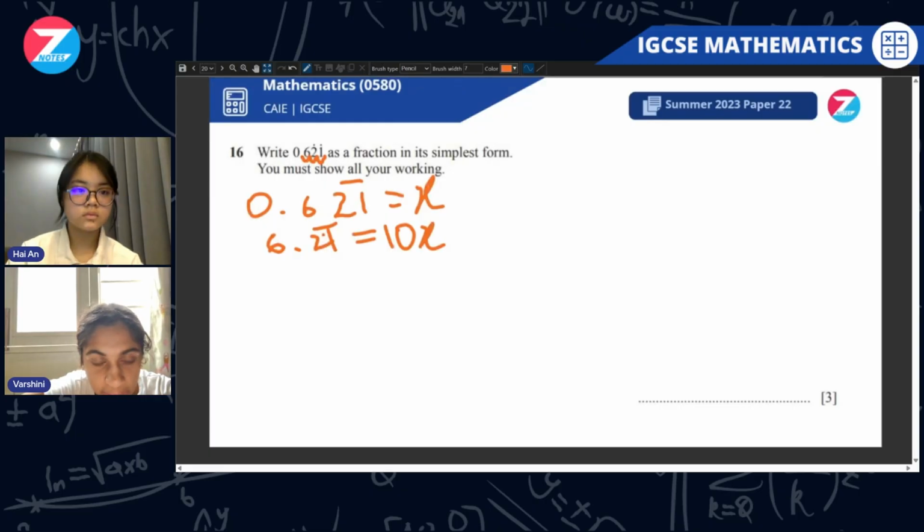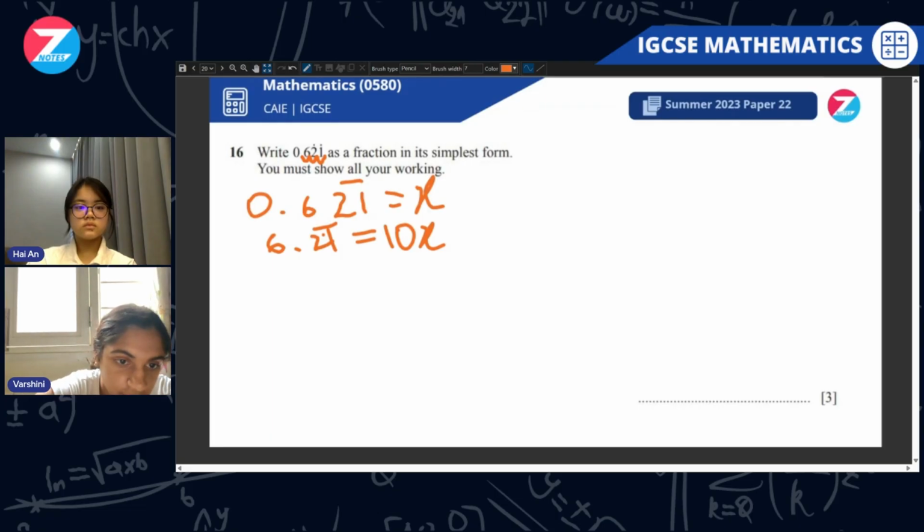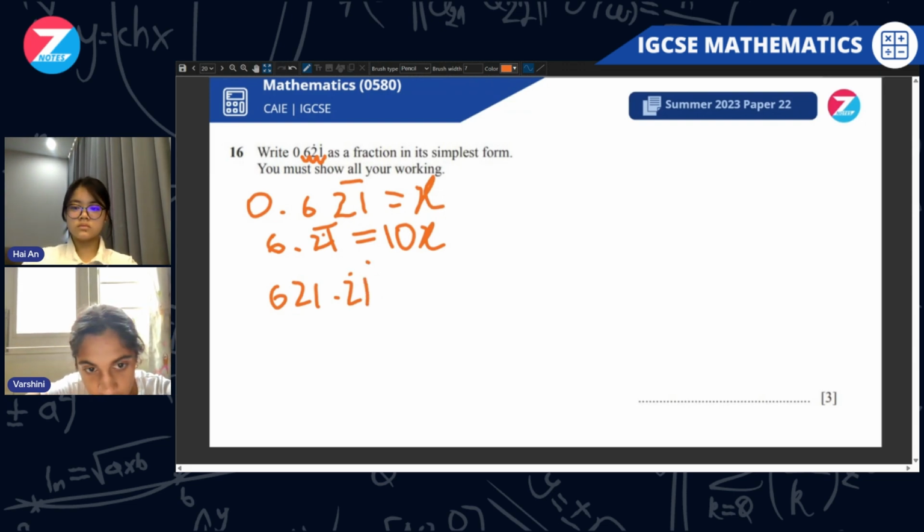So that means we need to multiply by 1 with 3 zeros, which is 1000. So it's going to be 621.21, sorry, 621.21 recurring. And remember, this never ends. It's still going to be on the other side. Put a bar. 621.21 recurring equals 1000x.